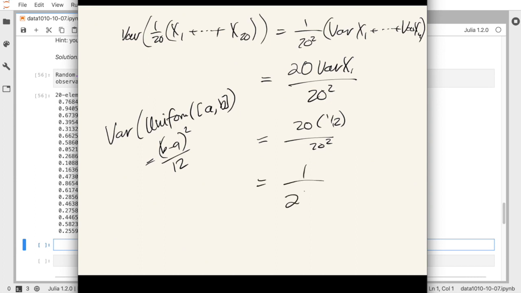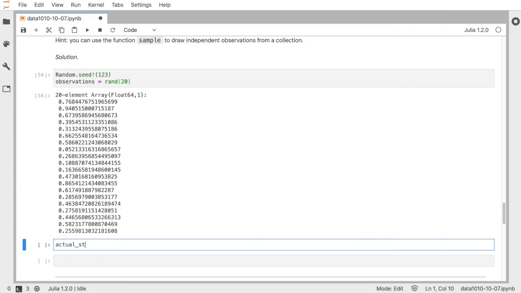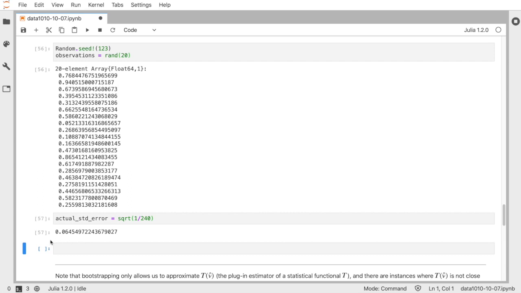It comes out to 1 over 240. That's the variance of the sample mean for 20 independent observations from the unit interval [0, 1]. The actual standard error is the square root of 1 over 240, which is about 0.0645.